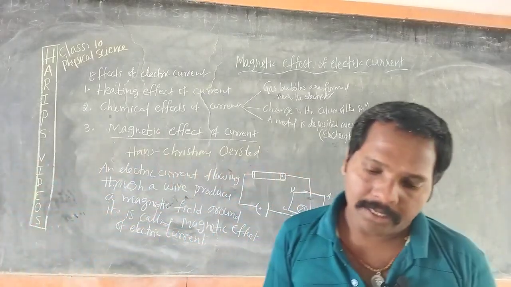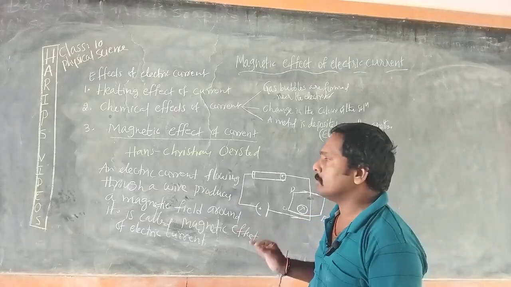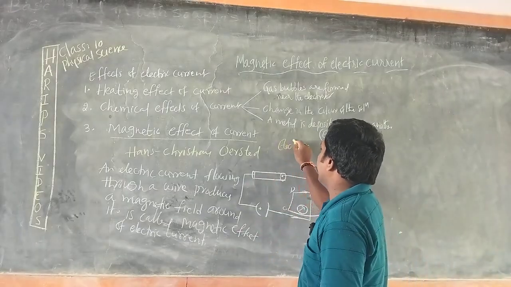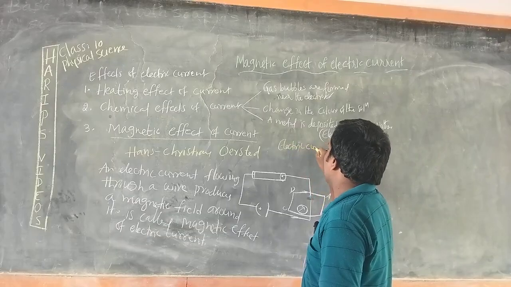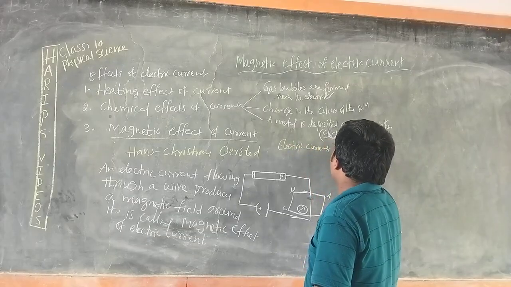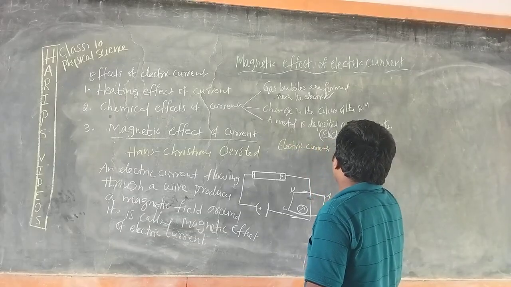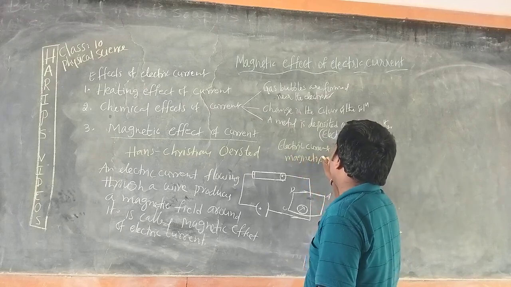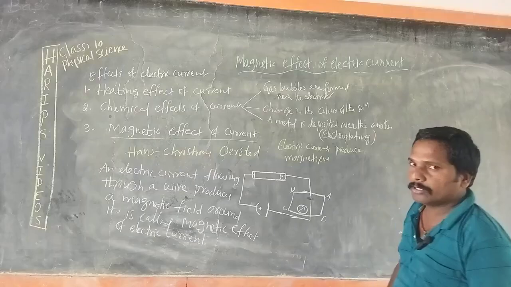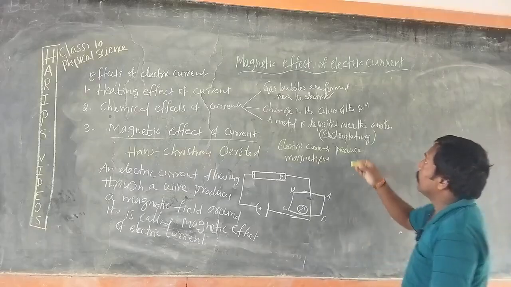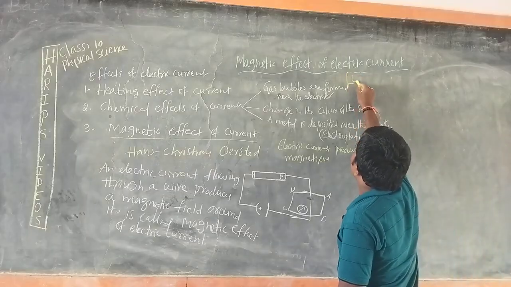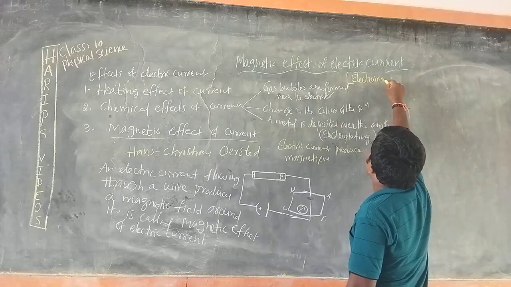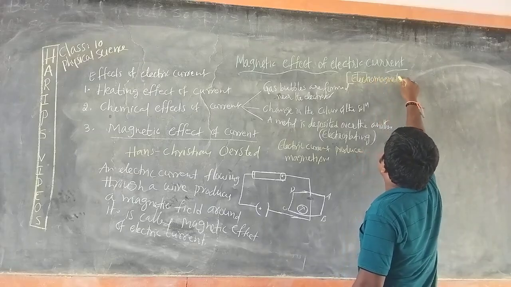Right? In other words, electric current produces magnetism. That's why I have told you the other name of this chapter is electromagnetism.